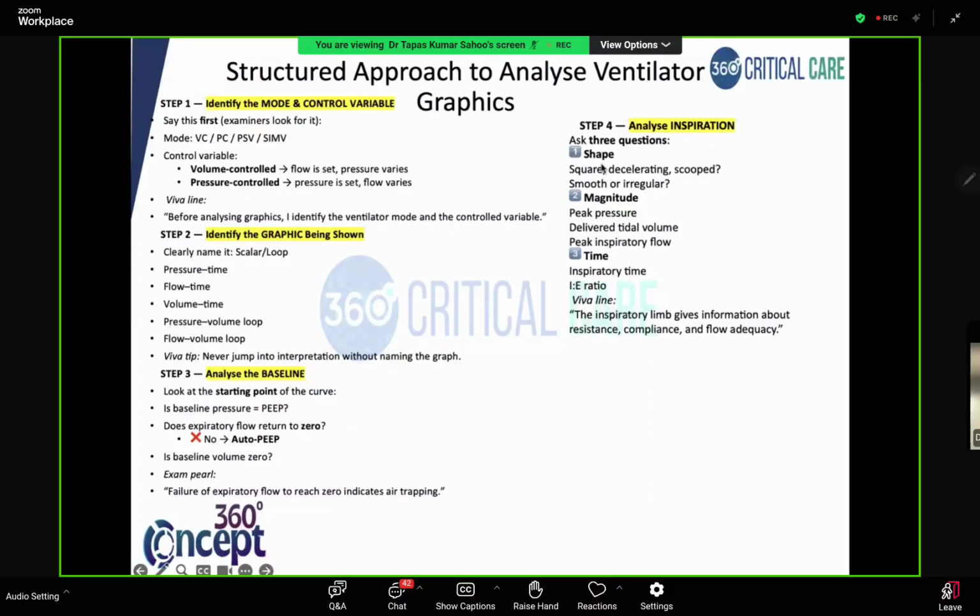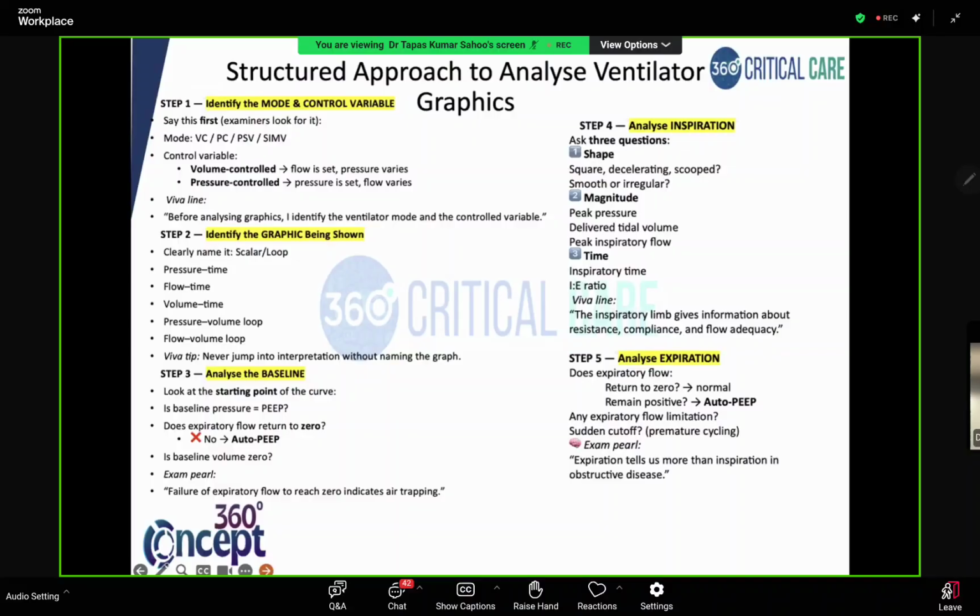Clear? Shape, magnitude, time. So in the viva, the inspiratory limb gives you the most important information about the resistance, compliance, and flow adequacy. Clear? So till the fourth step, you are all clear?